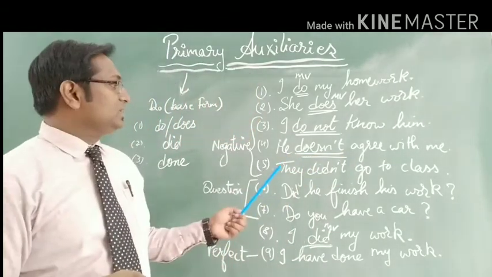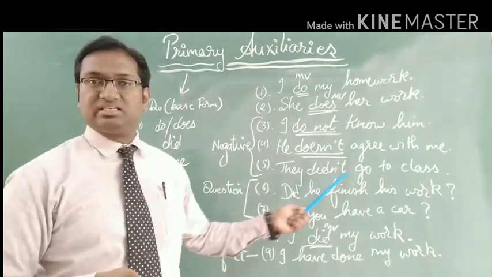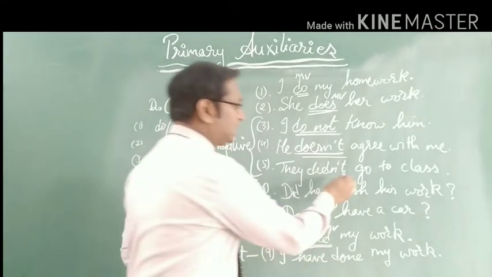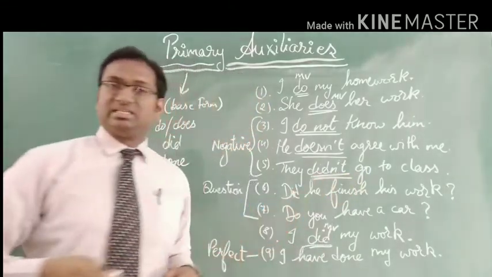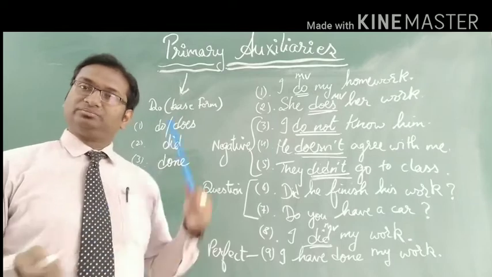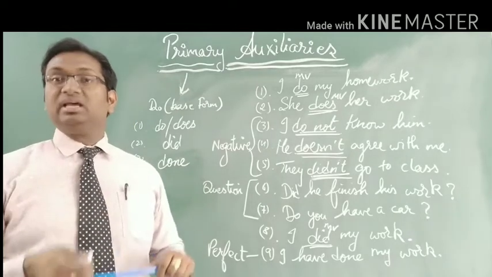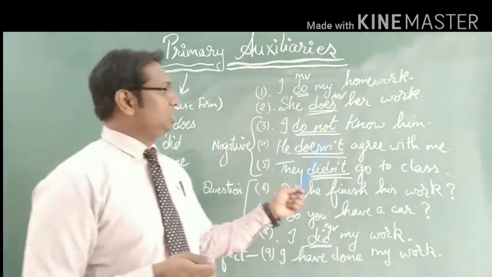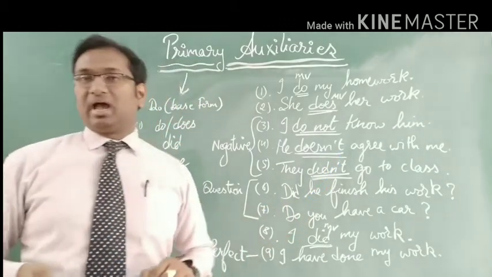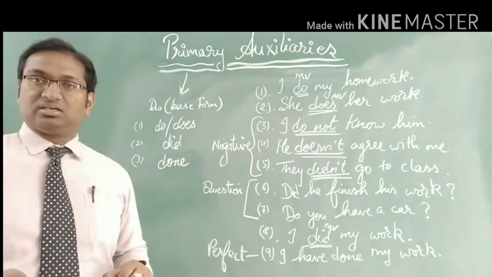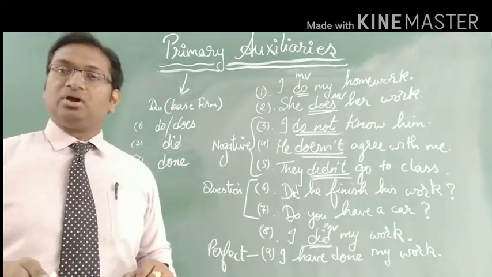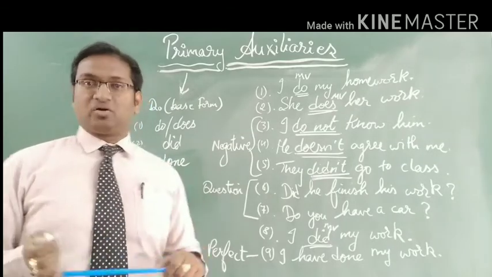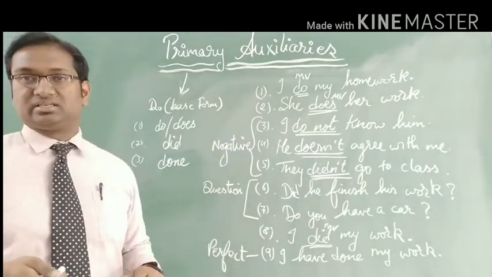They didn't go to the class. Here, didn't is your primary auxiliary negative. So, do not, does not and did not, these are your primary auxiliaries negative of do, does, did.